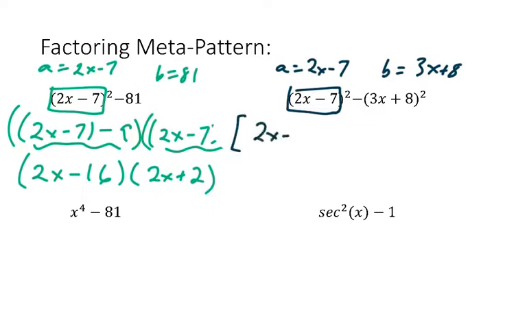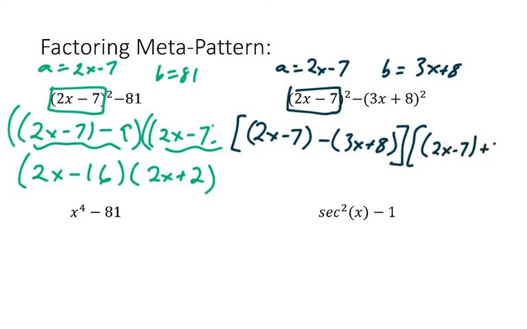So I've got 2x minus 7 minus 3x plus 8. Honestly, I think I'd put the minus first just because it's there in the expression so that I remember it's there. And then times 2x minus 7 plus 3x plus 8.